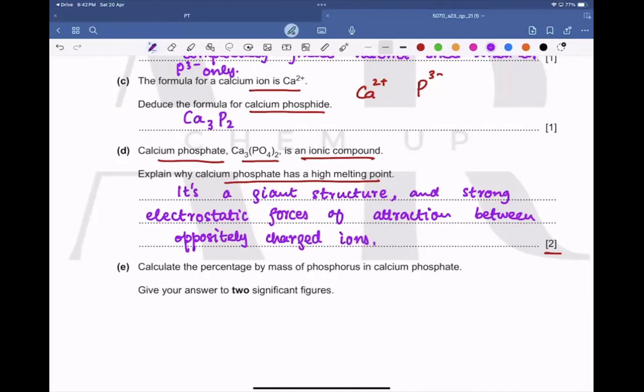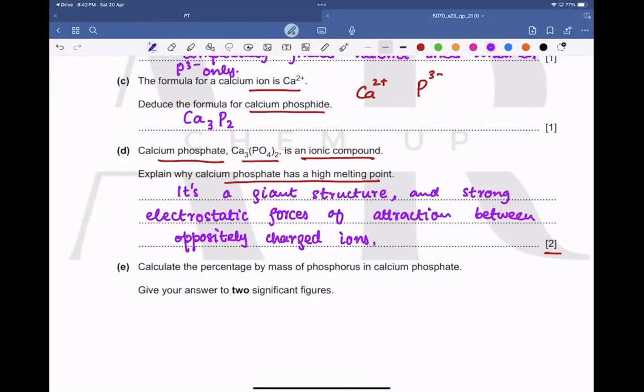Yes, you can write it in one sentence as well. So you can write that there are strong electrostatic forces of attraction between oppositely charged ions present in a giant lattice. Yes, you can write a giant lattice as well. You can write a giant structure as well.